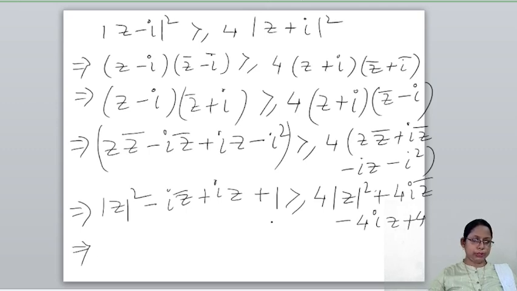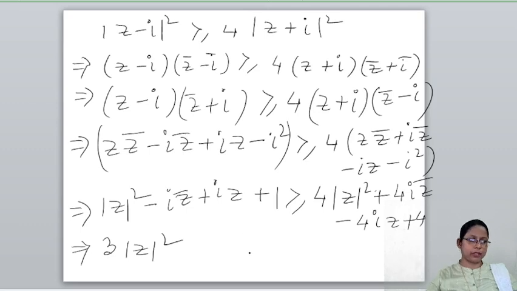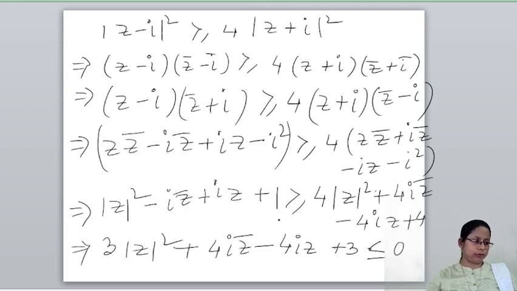If I bring this to right hand side, it will be 3 modulus of z square. Then if I bring this to right hand side, it will be plus 4i z conjugate, and this will be minus 4i z, and this will be plus 3, and that is less than or equal to 0.